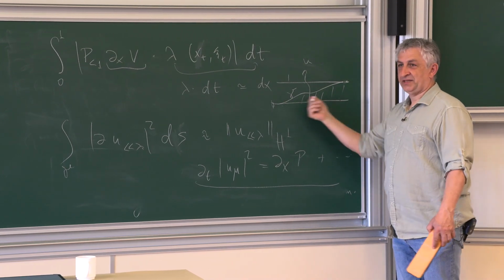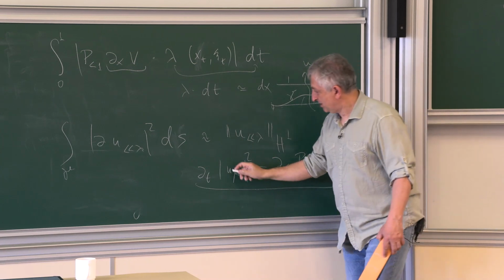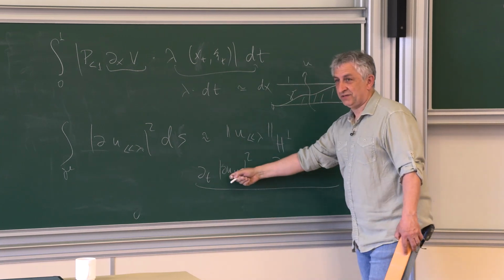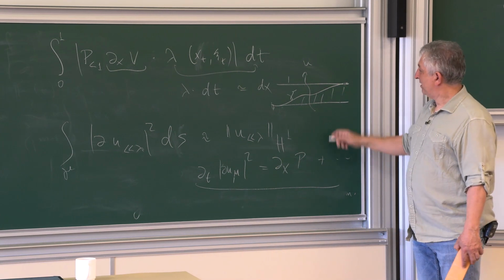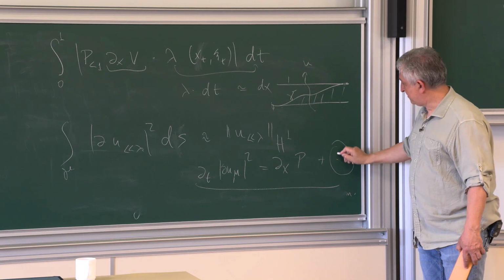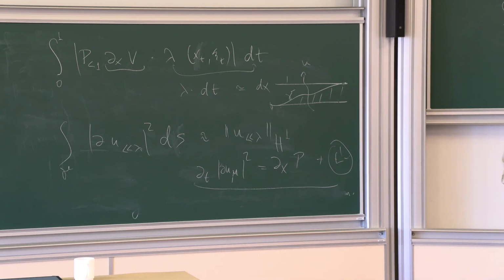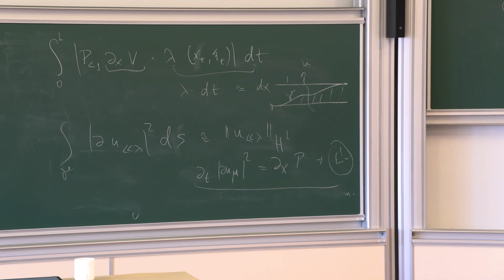And so at time 0, I get my initial data. On this curve, I get, let me put the derivative, I get the derivative of U square. And then inside this region, I get the contribution from the source term, which is in L1. And that's, in a nutshell, what is happening.